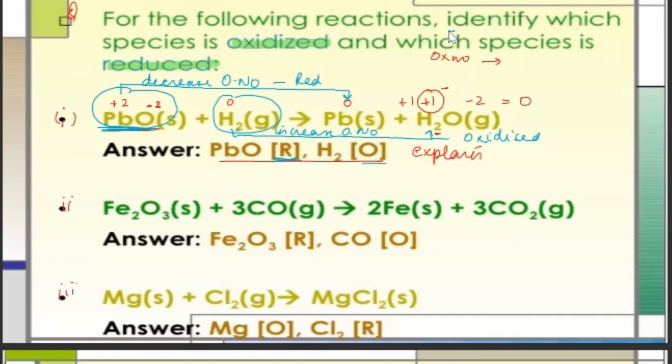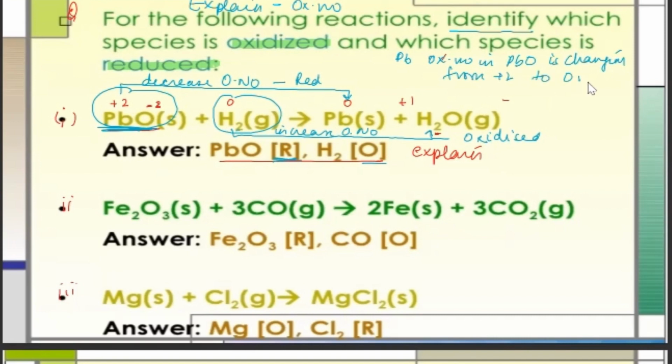This only says identify. But if the examiner asks you to explain, explain on the basis of oxidation number how these species have been oxidized or reduced, then you write down in writing the explanation I have given verbally. For the first part, we'll write that lead's oxidation number in PbO is changing from +2 to 0 in Pb.